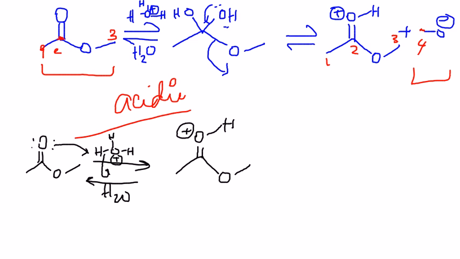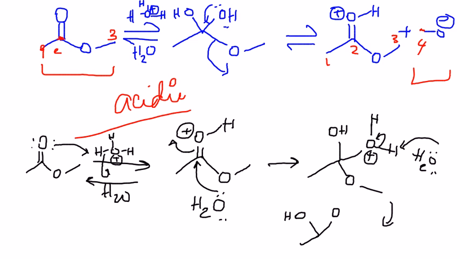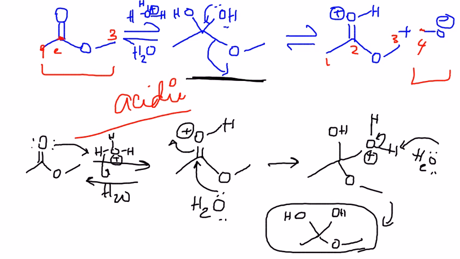That's going to pull the electrons towards itself, which is why the water is going to attack. You're going to see a positive charge, which will be lost to another molecule of water. So yes, your first structure is right over here.